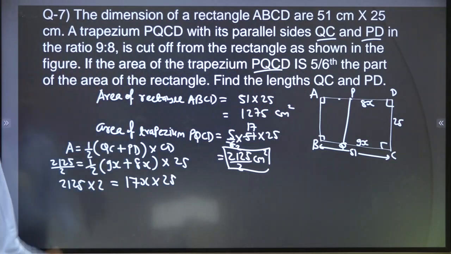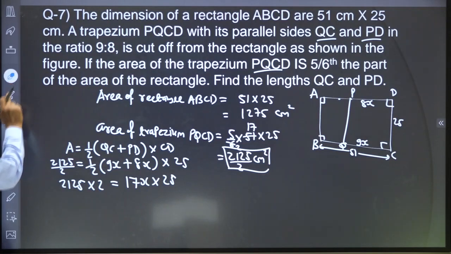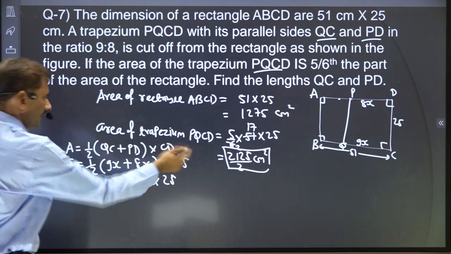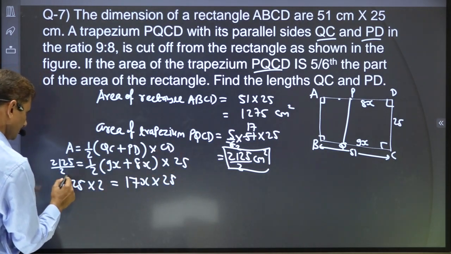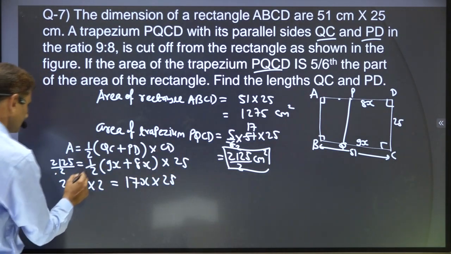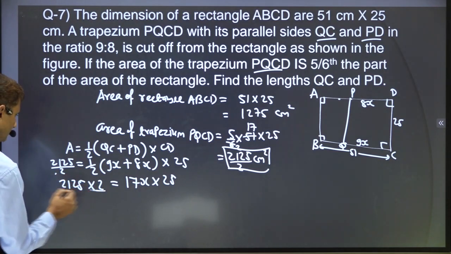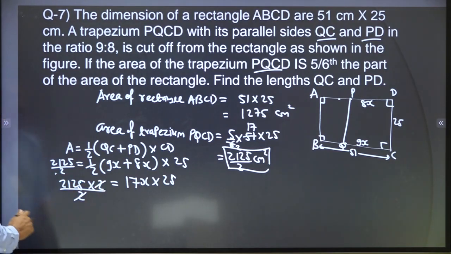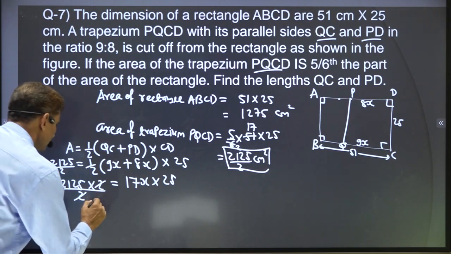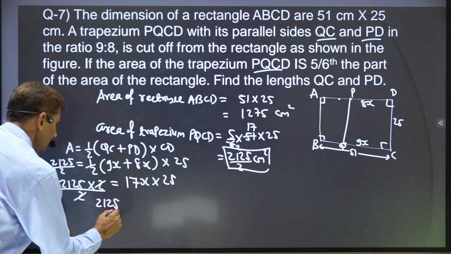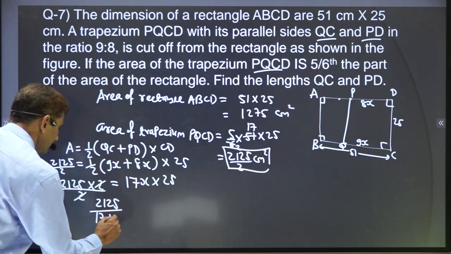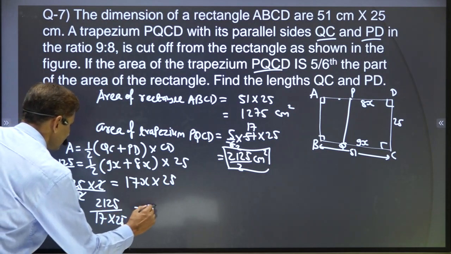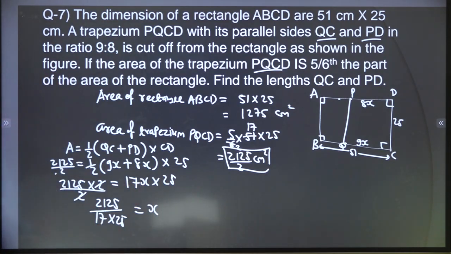Okay. Now let's count it because we forgot there is a divide by 2. So now it is here 2. Okay. So 2 cancels out here. So now it is 2125 upon 17 into 25 is equal to x.